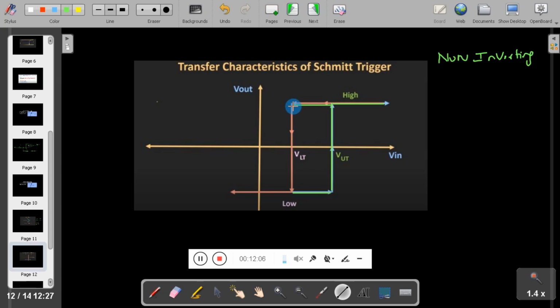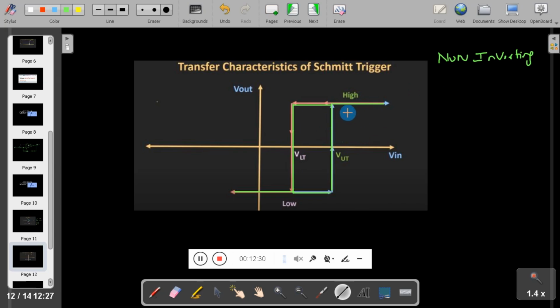When the input decreases below the lower threshold point, the output will change from high to low, and the output will remain low when the input remains less than the lower threshold point. So this is the transfer characteristics of the non-inverting Schmitt trigger.